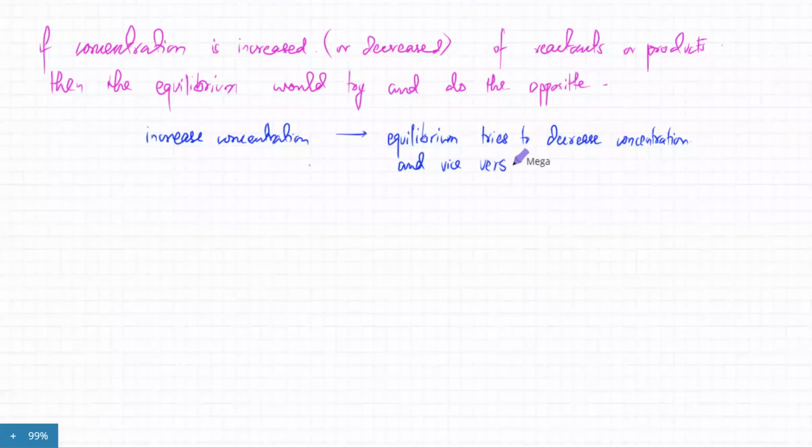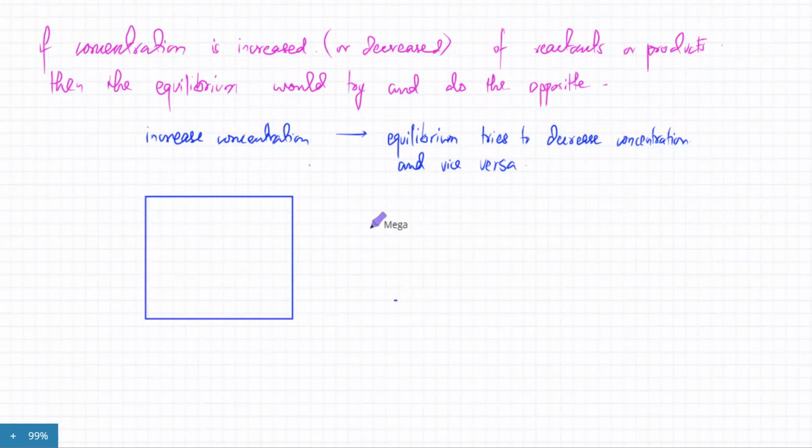So I'll explain what's going on. If you have a container, let's talk about the same equilibrium. There's liquid water, H2O liquid, and that H2O liquid is constantly evaporating to form H2O gas, and vice versa. So there's this equilibrium happening.